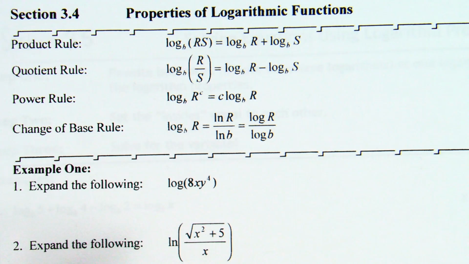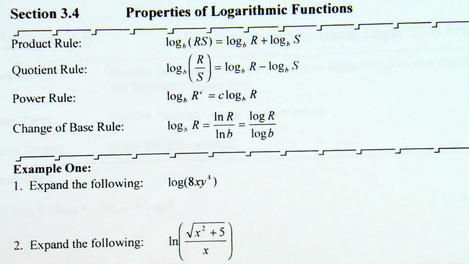And then the last one, we don't necessarily use this one as much with solving equations, but change of base rule. And the change of base rule, log base b of r. If you have log base 7, can you enter log base 7 on your basic calculators? No, okay. The calculator buttons work log base 10 or natural log, which is log base e.